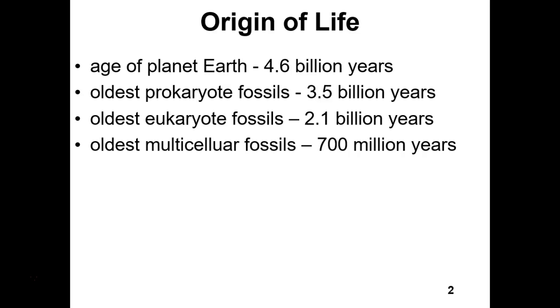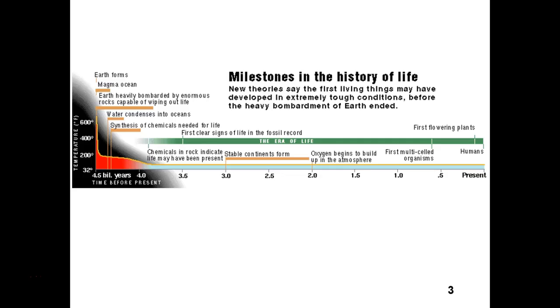So when you look at the Earth, our Earth is super old. And actually I have a picture on the next slide that I'll show you, okay? There you go. So the Earth is about 4.6 billion years old, but life didn't actually start, or we don't have record of life until about 3.5 billion years.